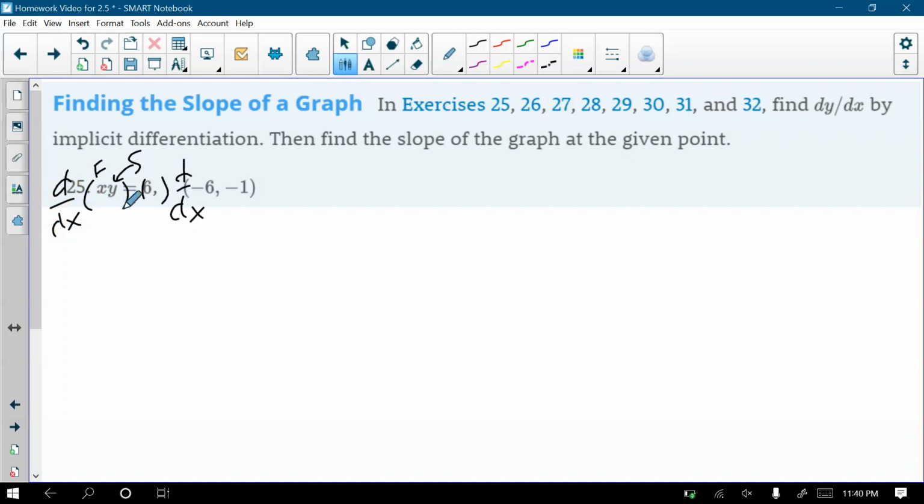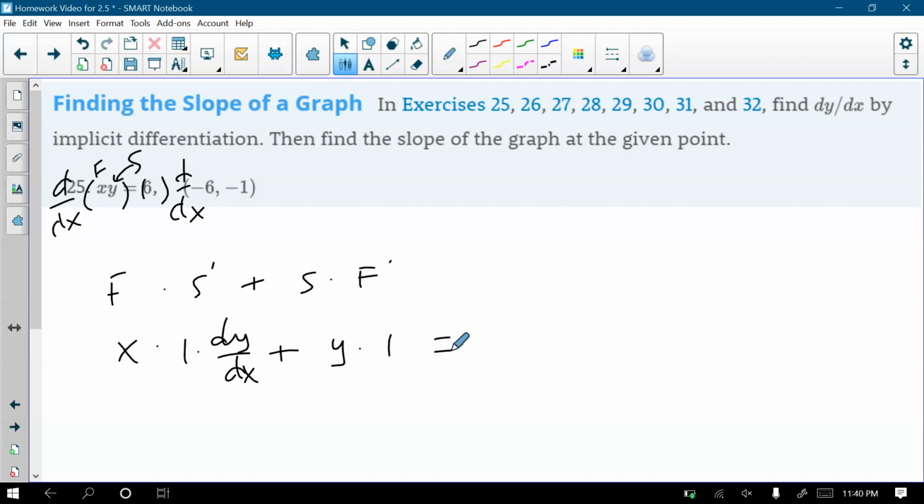And what we're going to get, again, first times second prime plus second times first prime. So first is going to be x times the derivative of y, which is dy dx, plus the second, y, times the derivative of first, which is 1.